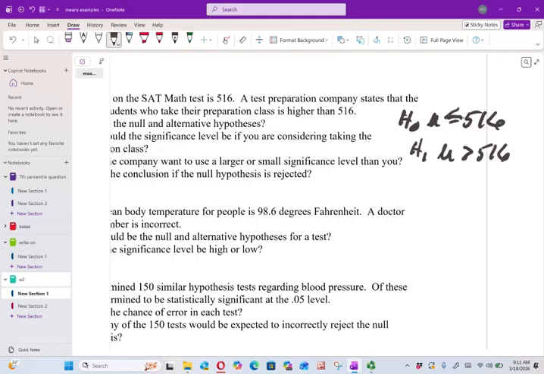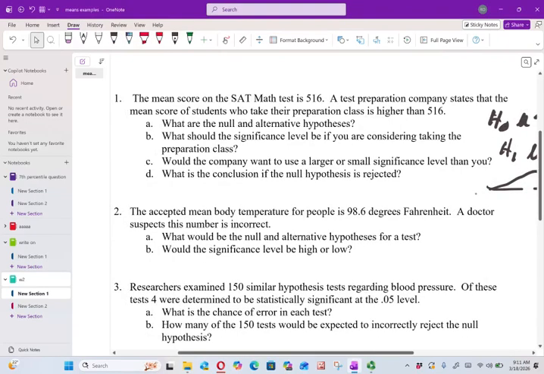So where's the rejection region? Which way does the alternative point? If the alternative is an arrow, where does it point? So the rejection region is on the right. What would the significance level be?